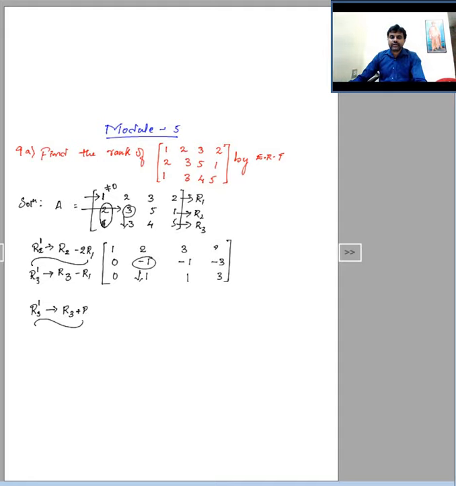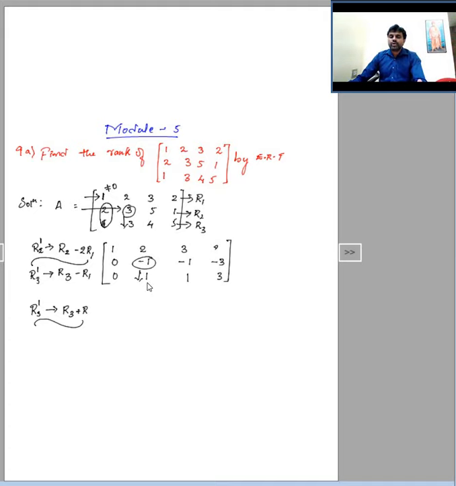Similarly, next, the second row, second element will be called the leading entry. That should be a non-zero element. It is non-zero. Make the element below it 0. So now R1 and R2 are fixed. Using R2, I am stressing R2, don't use R1 again.